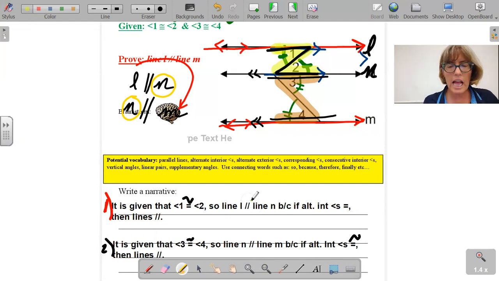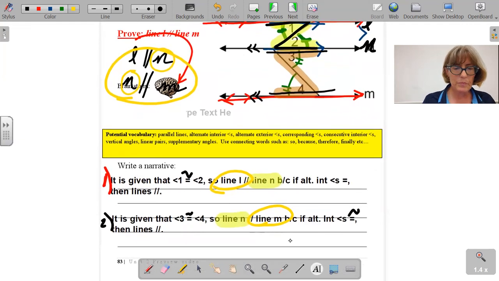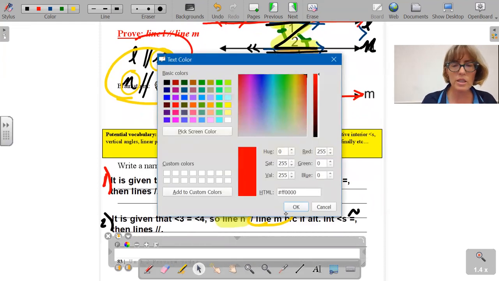Okay. L is parallel to N, N is parallel to M. Therefore, we can connect L to M, which is exactly what we're trying to prove. I'll do this in red because it's our punchline.